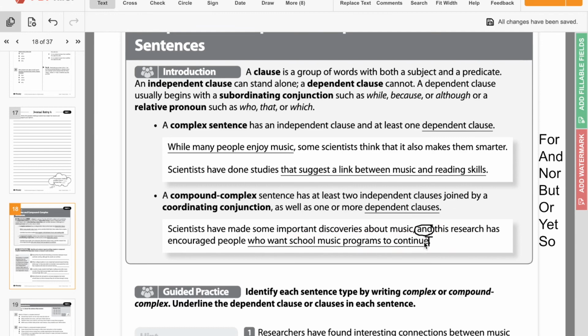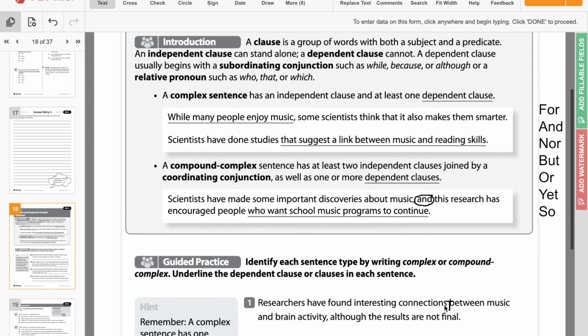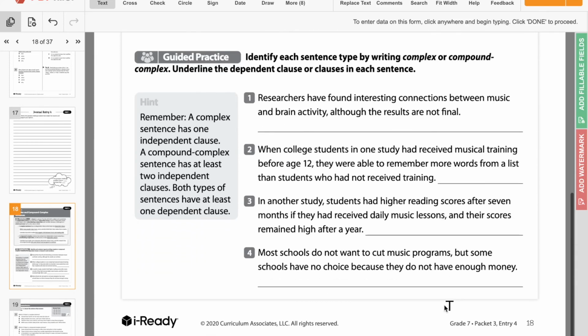That does not make sense on its own. That's our dependent clause. So we have independent clause, coordinating conjunction, second independent clause, finished off with a dependent clause. Scientists have made some important discoveries about music, and this research has encouraged people who want school music programs to continue. So now we're going to do this practice together at the bottom.